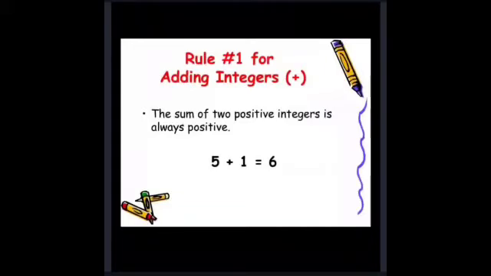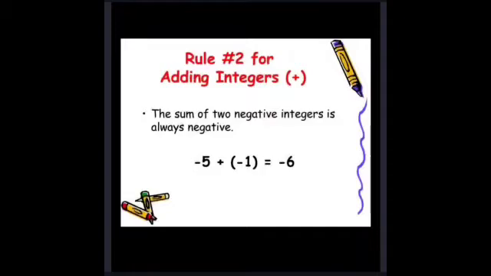The sum of two positive integers is always positive. For example, 5 is a positive number, 1 is also a positive number. So when we add these two positive integers, we get a positive integer, that is 6.